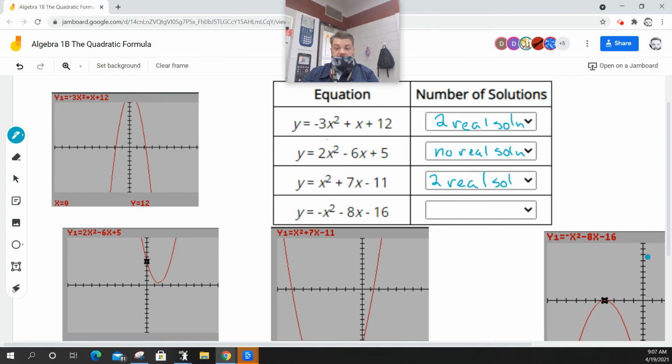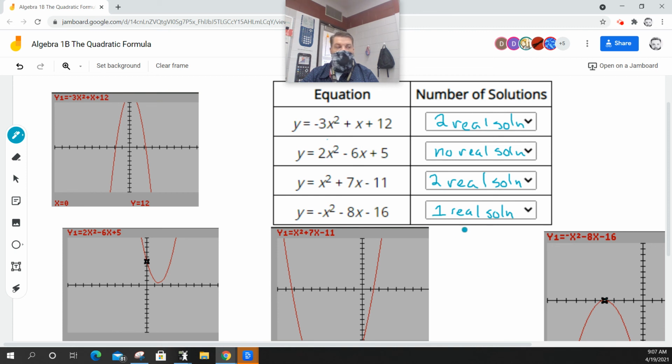And then the last one, it just touches right here at -4. Now, the publisher says that it has one real solution. But if you were to ask a pure mathematician, they would say it has two real solutions, multiplicity 2.